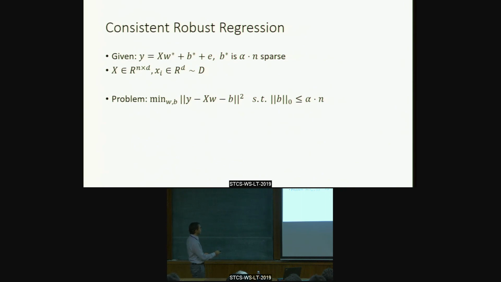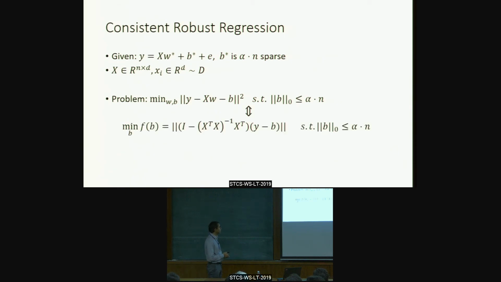That is, you want to find W and B which fits your observation as well as possible, but this B vector is sparse. It has, say, alpha n non-zeros only. This can be equivalently written as this formulation because your W doesn't have any constraint. So for a given B, you can optimize the W using least squares. And what you observe finally is that you want to minimize this residual and your B vector should be sparse.